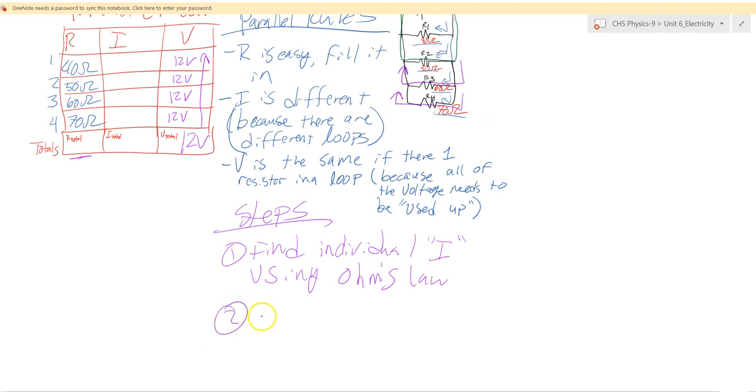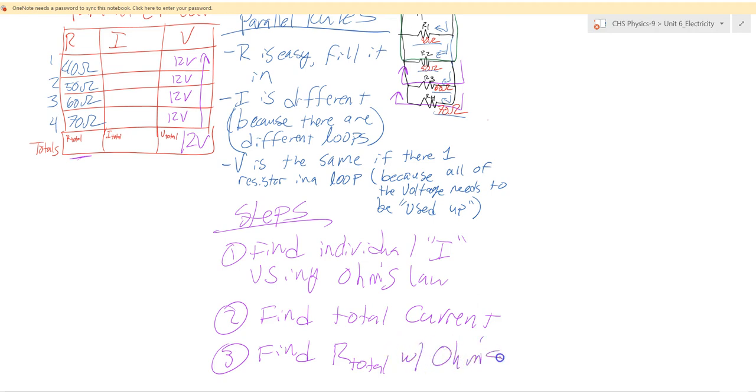The second thing we'll do is find the total current. And then the last thing we'll do, we'll find the total resistance with Ohm's law.